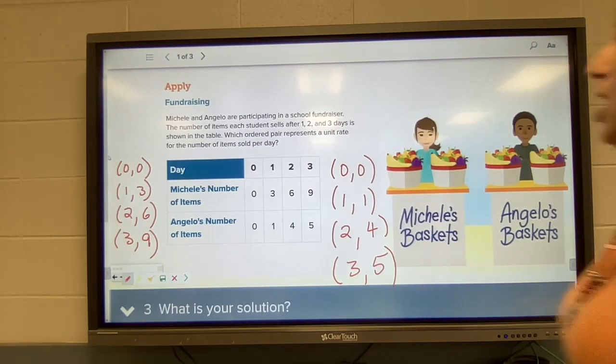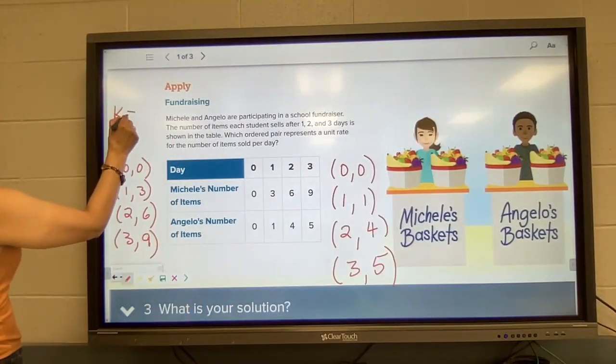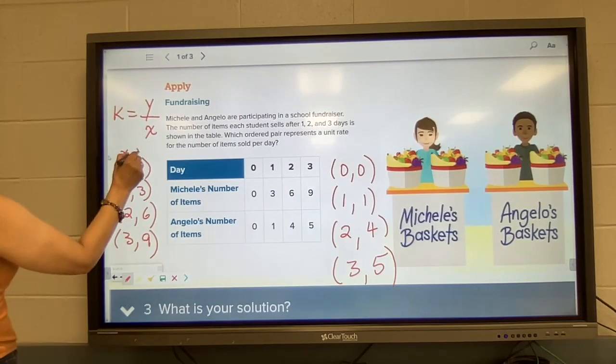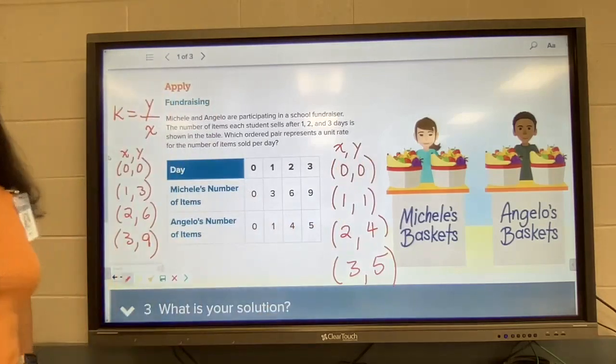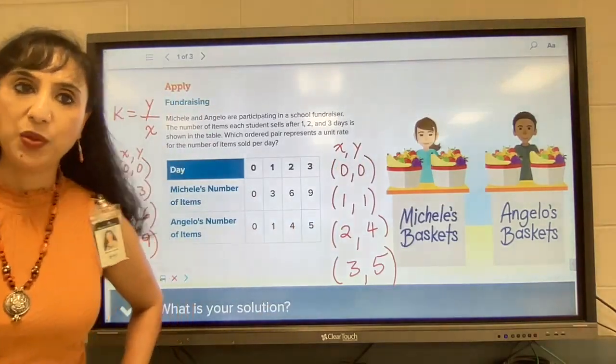Okay. So remember, what is k? It's going to be y divided by x. This is always x. This is always y. The first coordinate is always the x coordinate. The second coordinate is always the y coordinate.